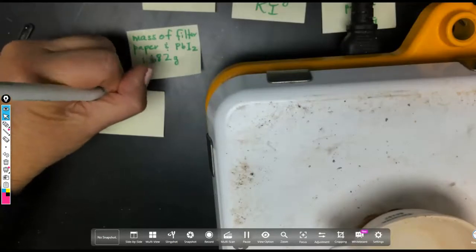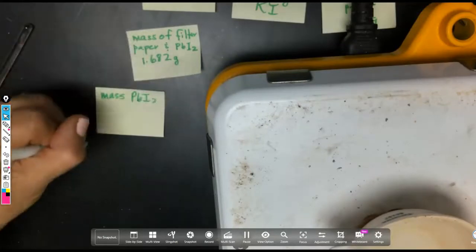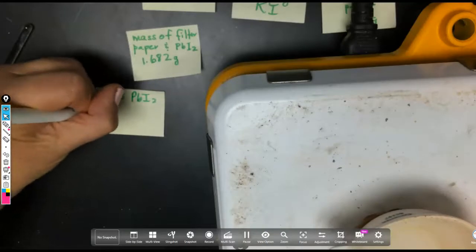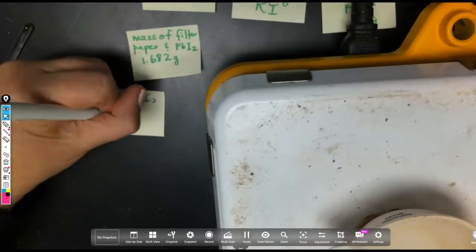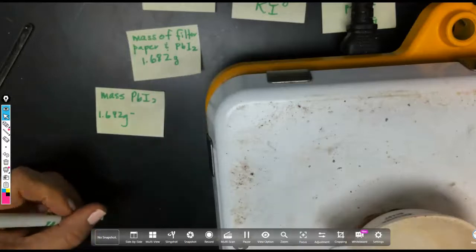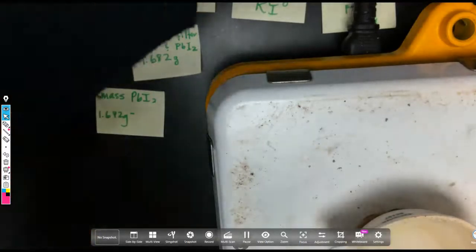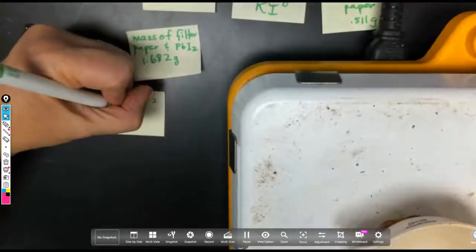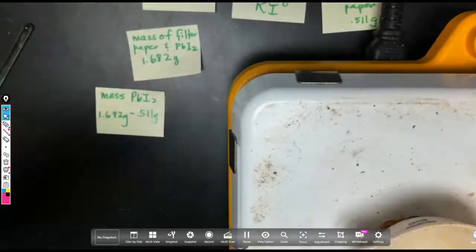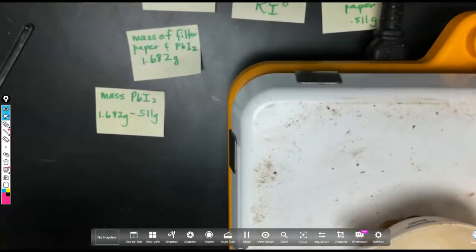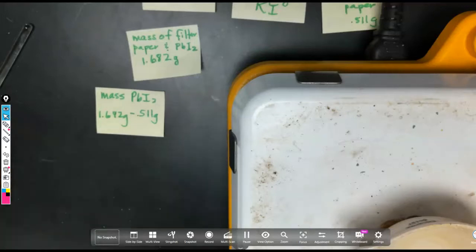So the mass of the PbI2 is going to be 1.682 grams, subtracting the mass of the dry filter paper, which you might remember was 0.511 grams. And I'm going to let you record that value into your data table.